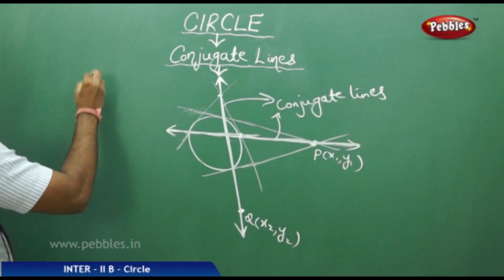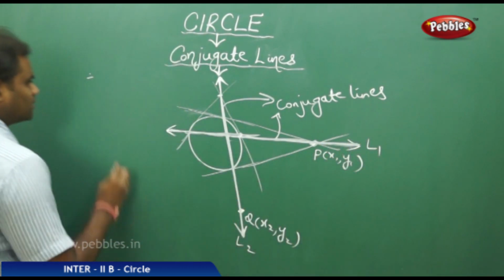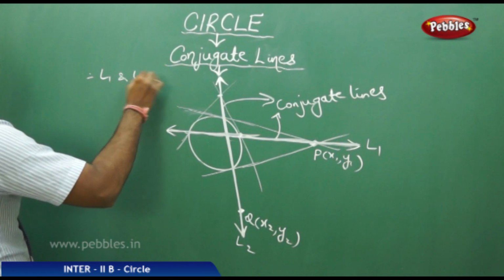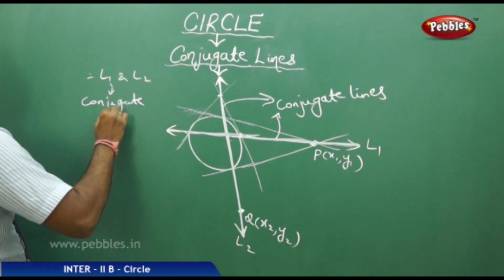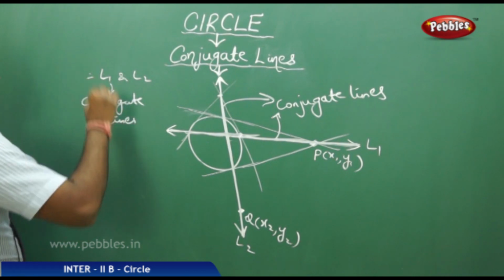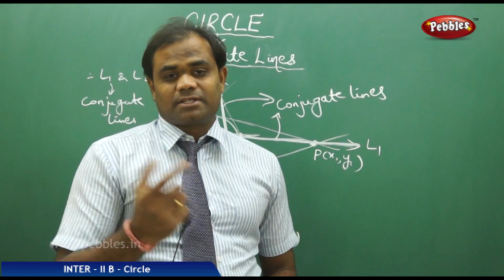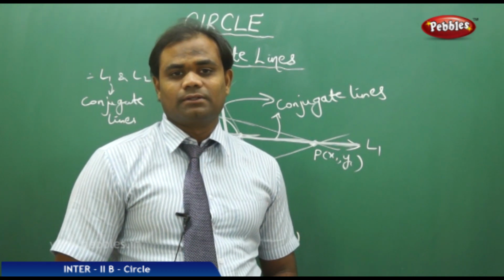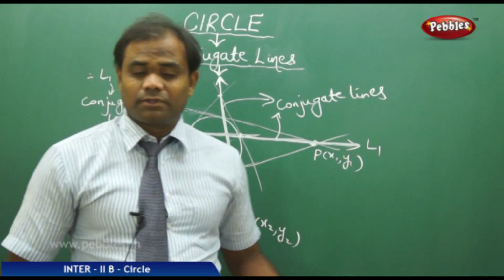So therefore, L1 or L2 which I take are conjugate lines which have the conjugate points on them of respective polars of each other. That's how we understand the conjugate lines connected with conjugate points.